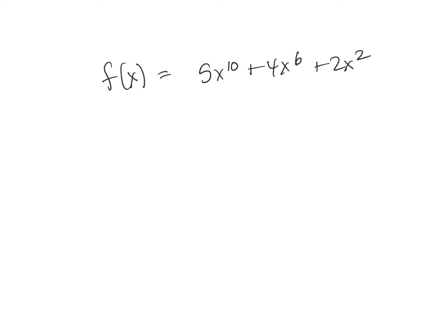So I'm going to grab my calculator quick. And I'm just going to type in the following things. 5 times 2 to the 10th plus 4 times 2 to the 6th plus 2 times 2 squared.